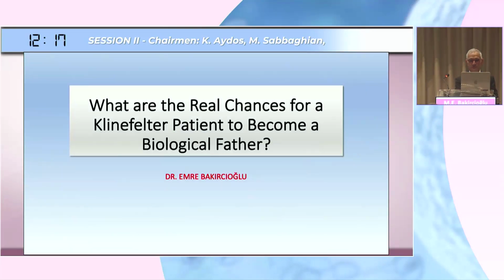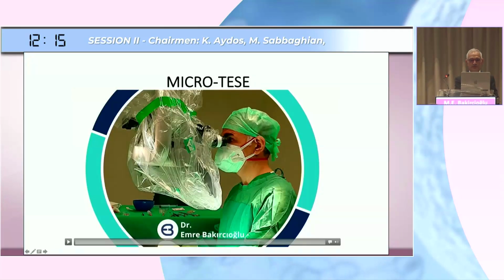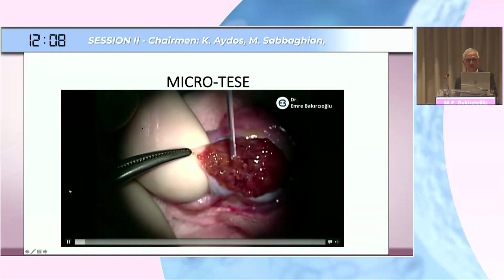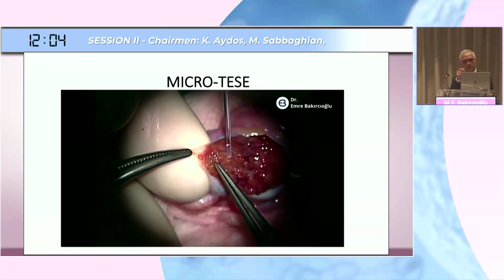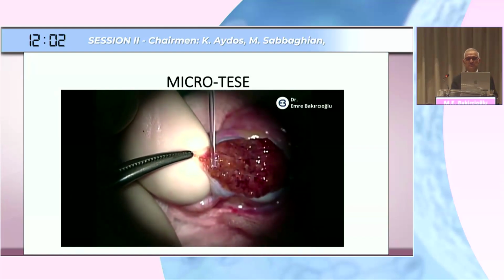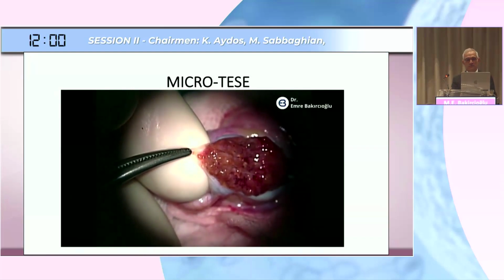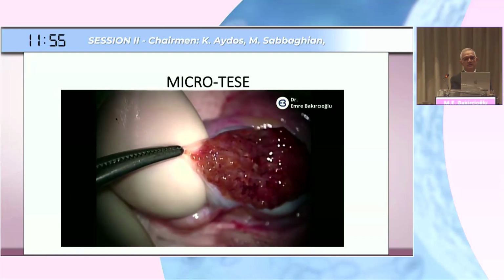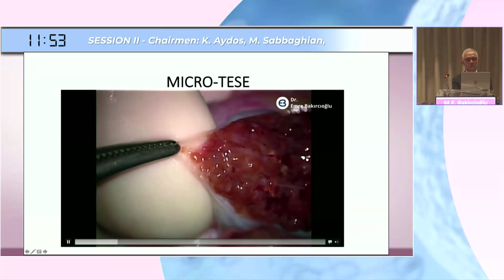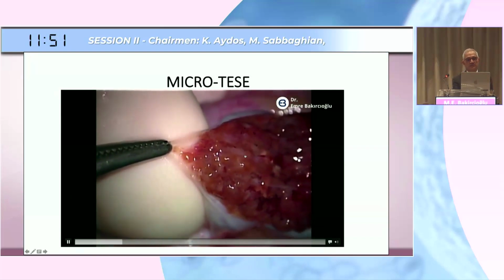I would like to show this video for you to decide which procedure is better compared to microTESE. Now I'm showing the assistant. First, when we open the testis, I actually see where the sperm production is. We open the testis, and I ask the assistant where the sperm production is, and he showed that this area is probably where sperm production is.